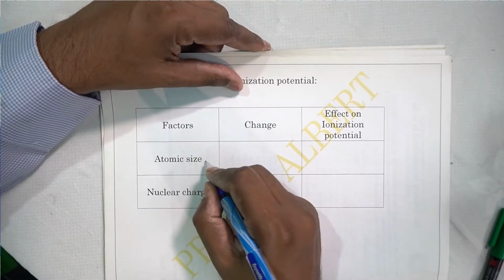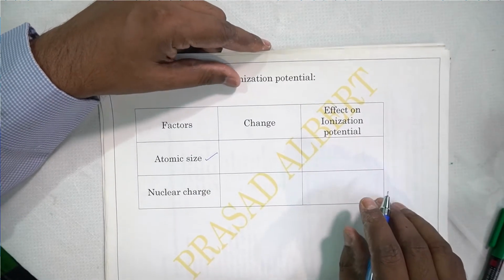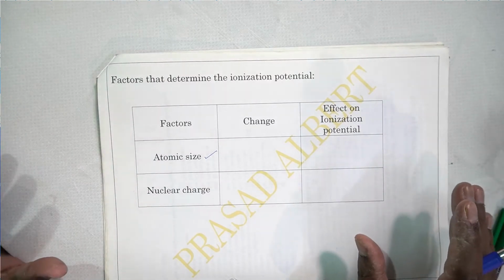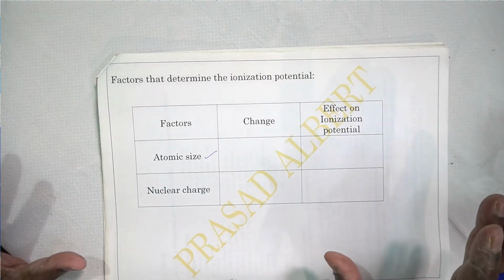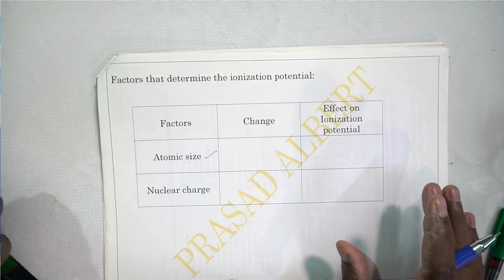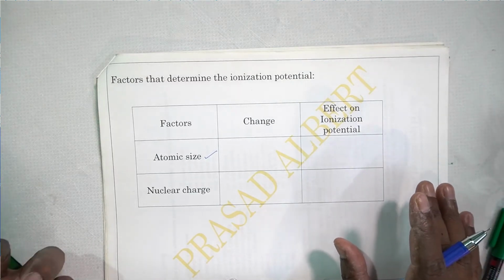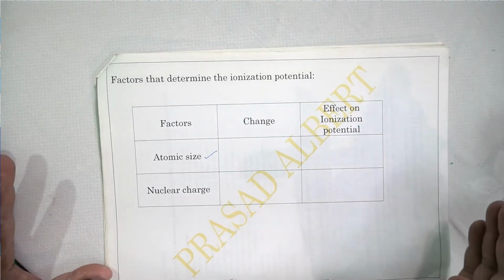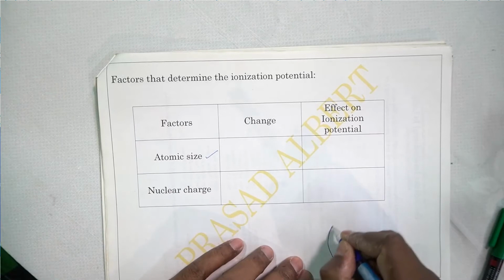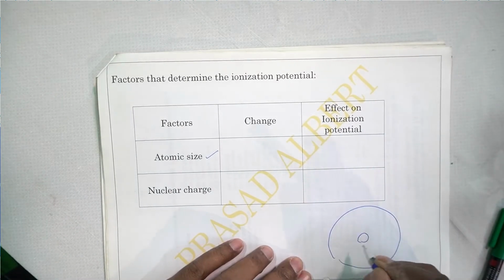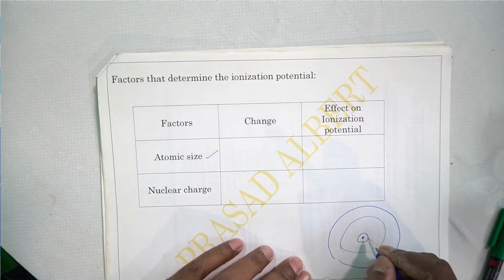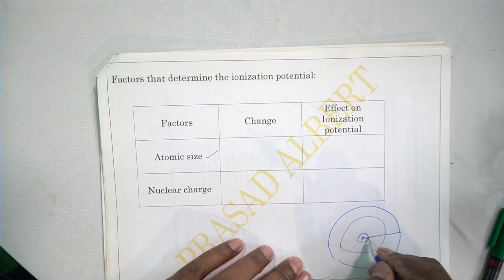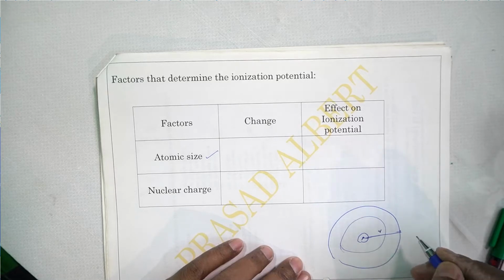The first one is the atomic size. We know a larger atom has its outermost orbit far away from the nucleus. So the force with which the nucleus holds the electron is less. I repeat, in a larger atom the outermost orbit is far away from the nucleus, the distance is more, the atomic radius is more.